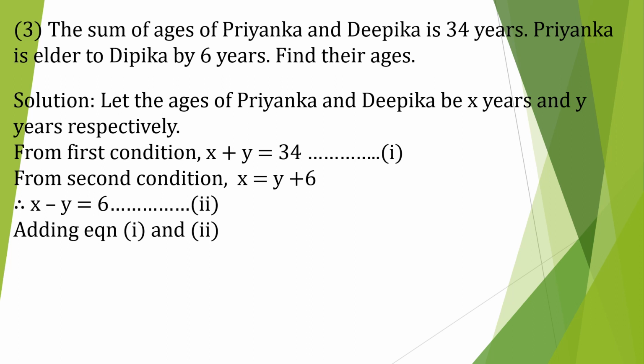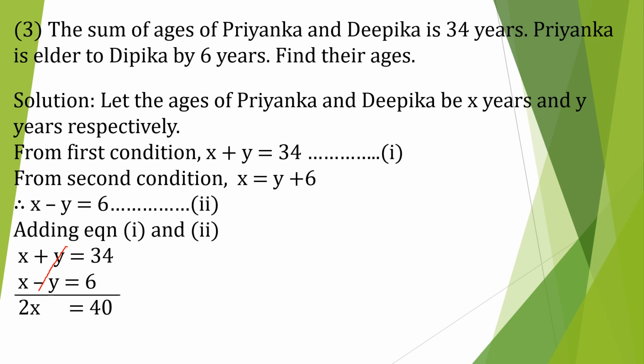So adding equations 1 and 2, you'll write down the steps again. x plus y equal to 34, x minus y equal to 6. When you add, no sign change. So students, plus y and minus y will get cancelled. So you'll get x plus x, that is 2x, equal to 34 plus 6, that is 40.